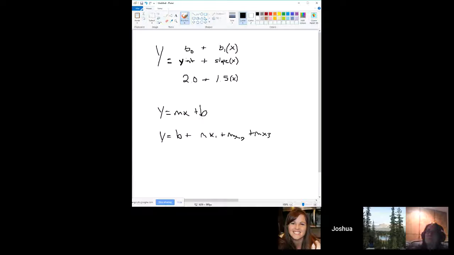So for these equations, the y-intercept is that point on the graph where, if the slope was 1.5, the y-intercept would be 2.